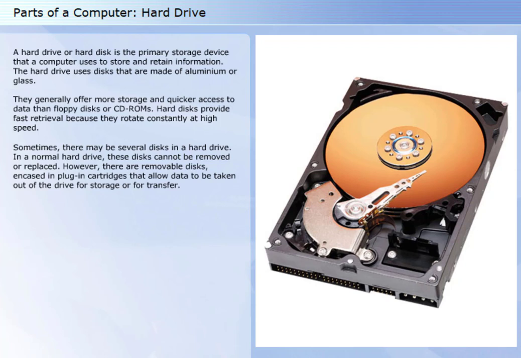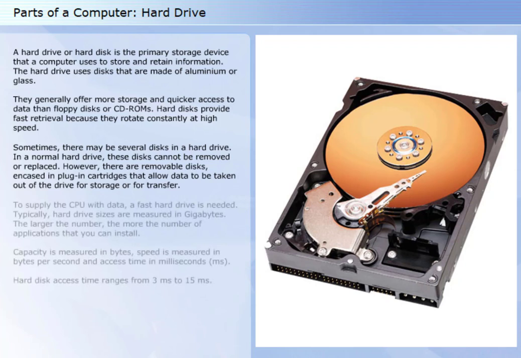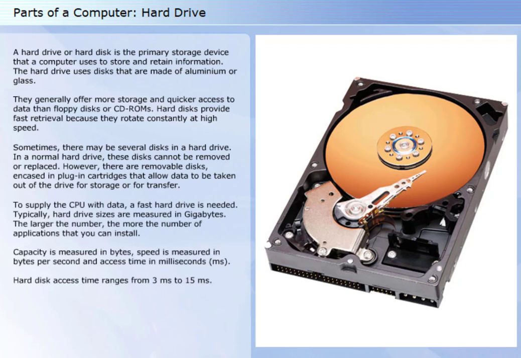However, there are removable disks encased in plug-in cartridges that allow data to be taken out of the drive for storage or for transfer. To supply the CPU with data, a fast hard drive is needed. Typically, hard drive sizes are measured in gigabytes.